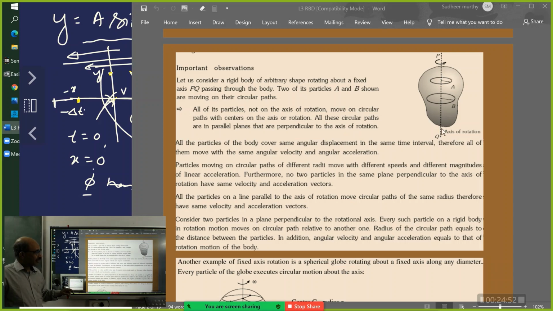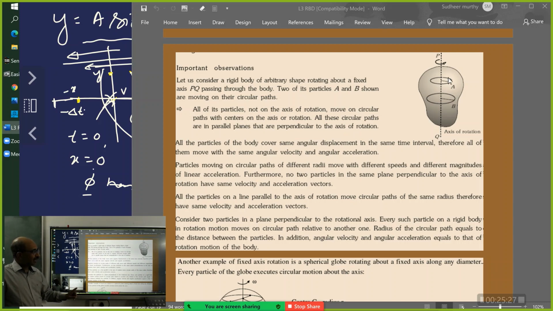Now in this case, this axis is passing through the body, and so it is getting connected with some particles of the body. This set of particles of the body through which the axis is passing, the axis being an imaginary line, is at rest. While all other particles of this body are in circular motion with their centers on this axis.